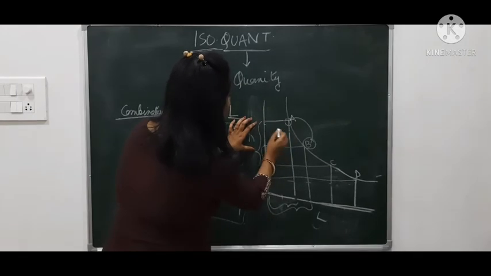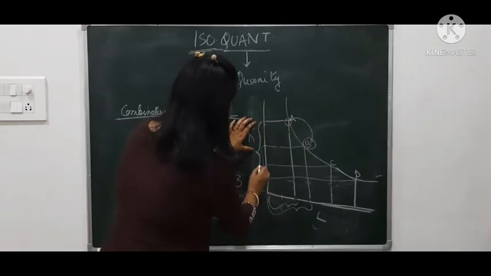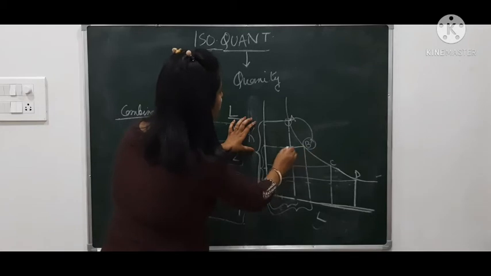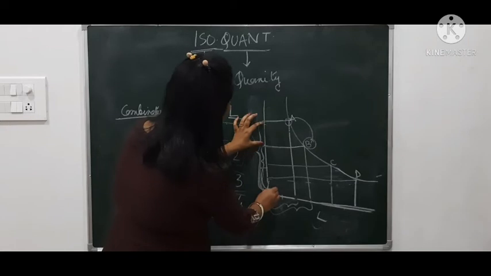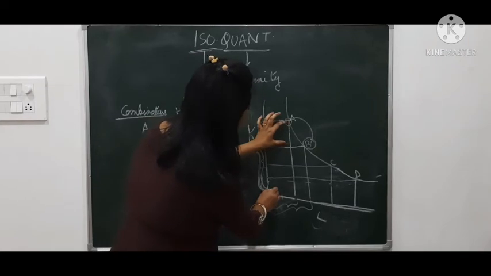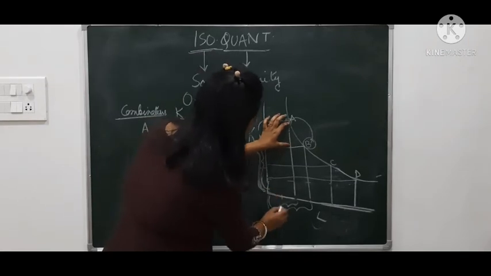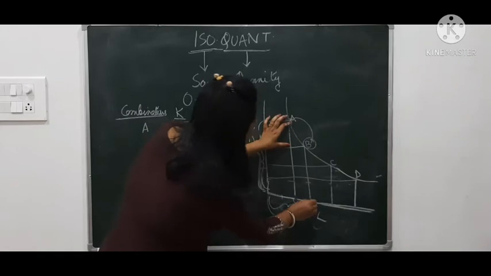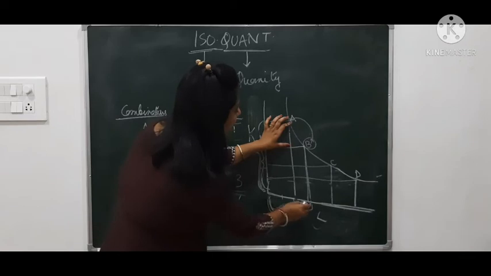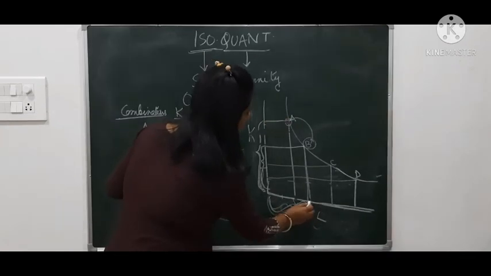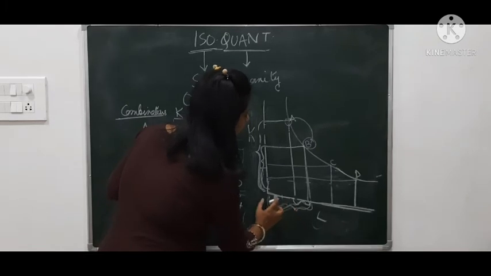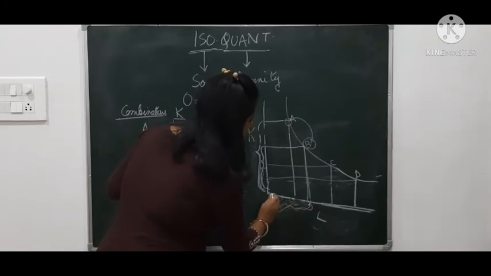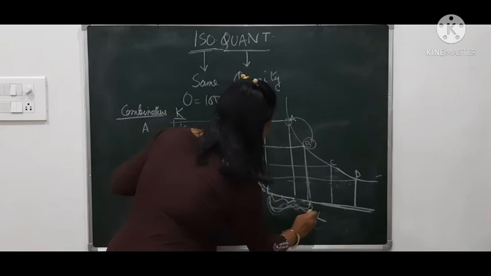A requires this much capital, but combination B requires this much capital. So you are sacrificing this much capital to gain this much labor.